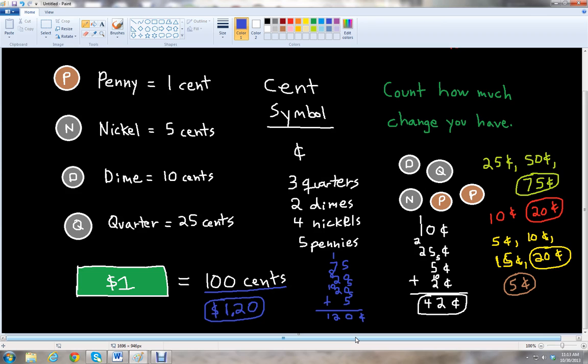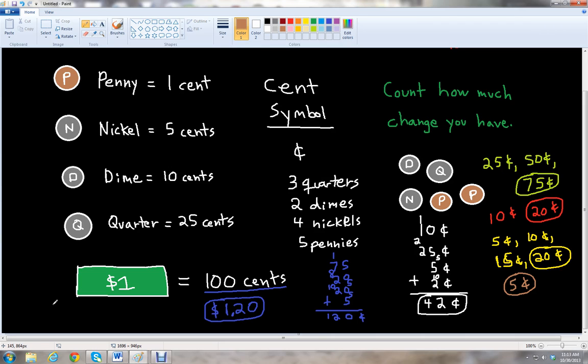So another good question to ask ourselves is, how many of each type of coin makes up $1? So how many pennies will give you $1? So we know that a dollar is 100 cents and that a penny is 1 cent.